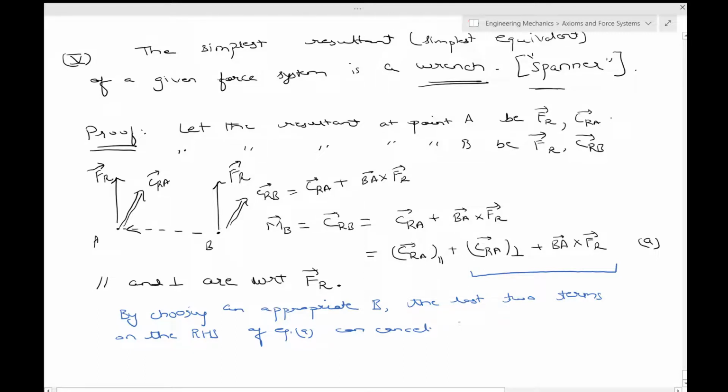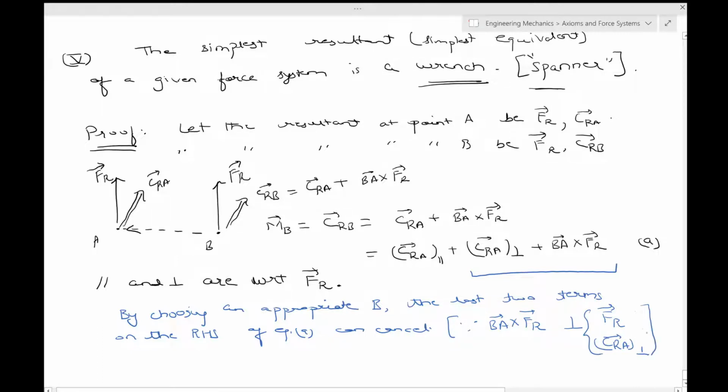Do recall that BA cross FR will be actually perpendicular to FR, which means the same direction as CRA perpendicular.